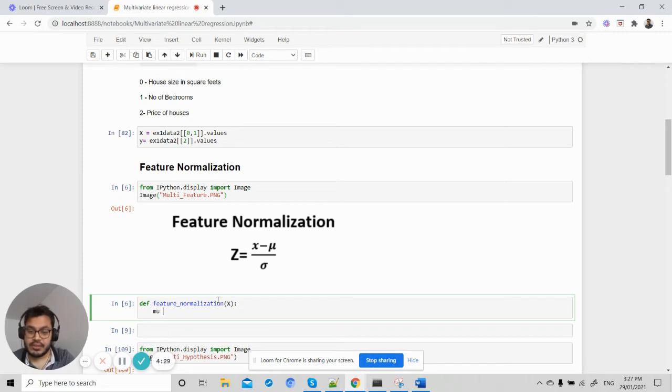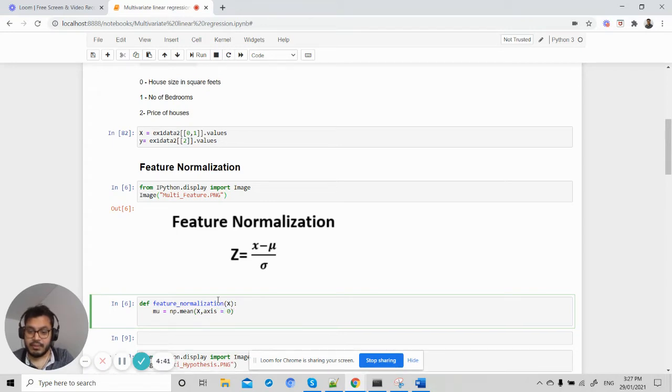My mu is np dot mean of x, comma, axis equals 0. Standard deviation will be np dot std of x, comma, axis equals 0.